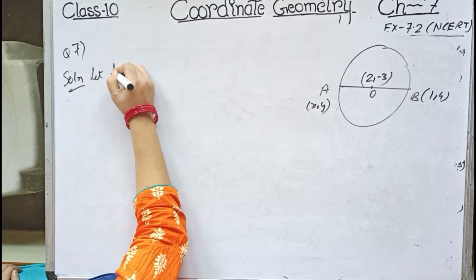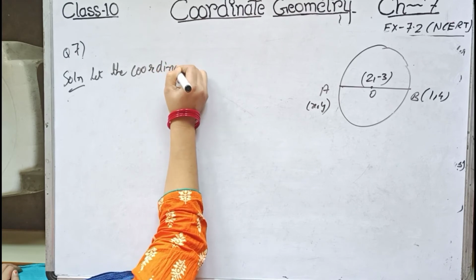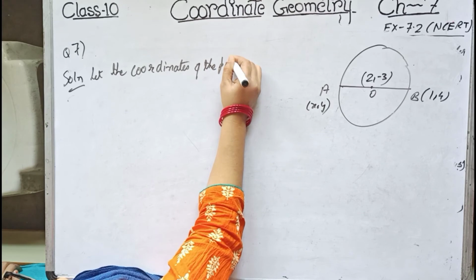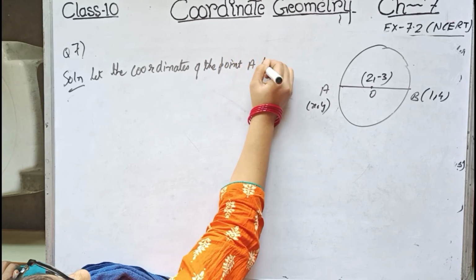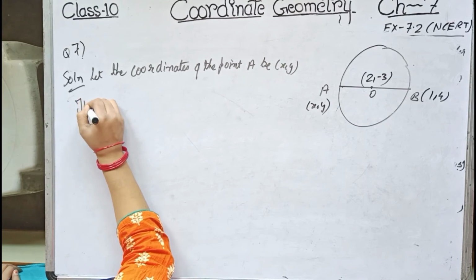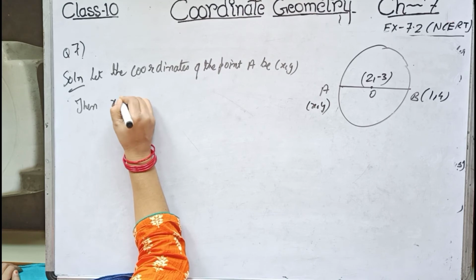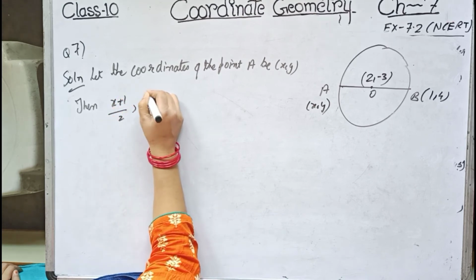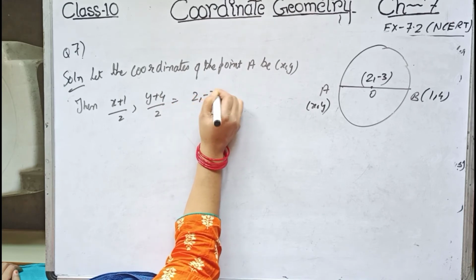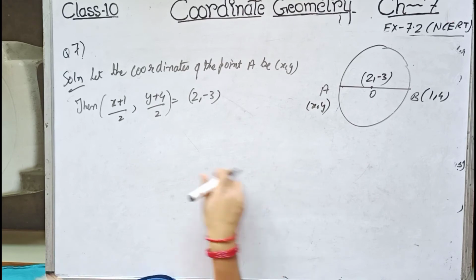Let the coordinates of the point A be (x, y). Then ((x plus 1) by 2, (y plus 4) by 2) equals (2, -3), the midpoint, because the center is the midpoint of the diameter.